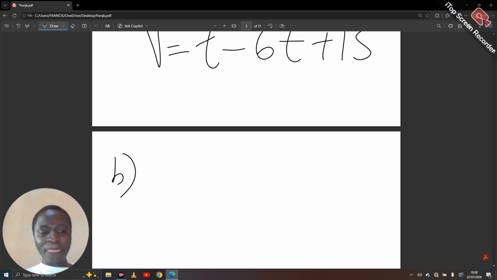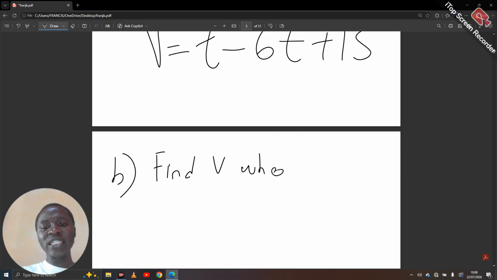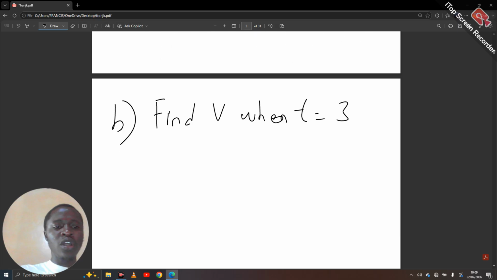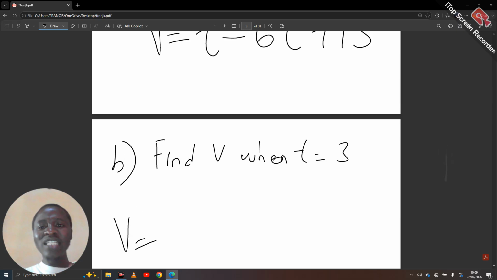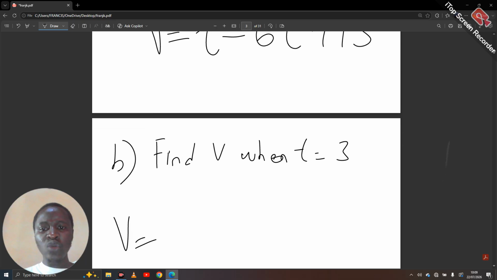Find the velocity at t equals 3 seconds. Find velocity when time equals 3 seconds. Very easy. You just substitute, where there is t, substitute with 3.